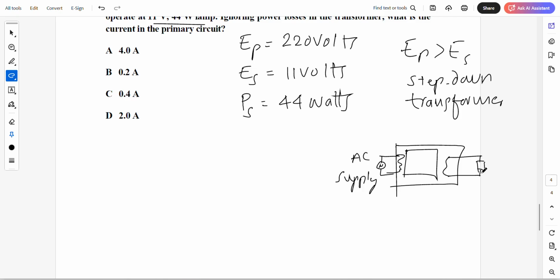That can be a lamp or whatever it may be. Here a lamp is connected. Now this is EP and this is ES. EP is 220 volts, and ES is 11 volts. Therefore, it is a step down transformer.